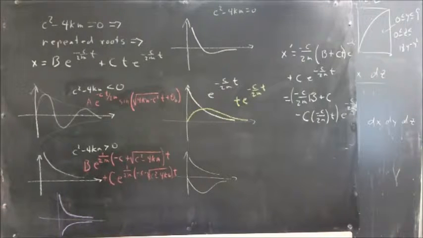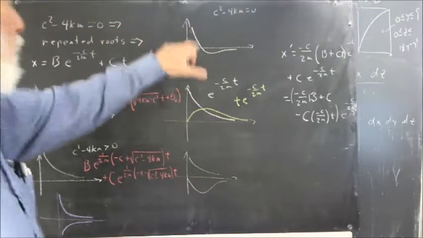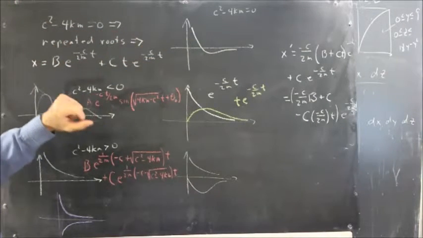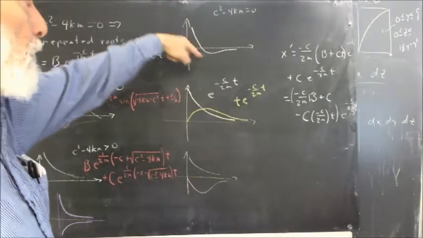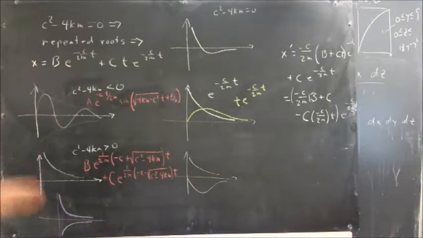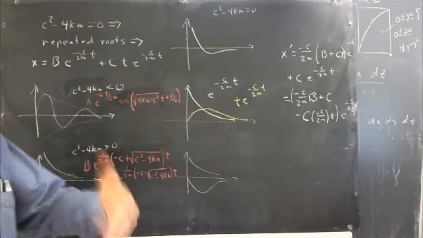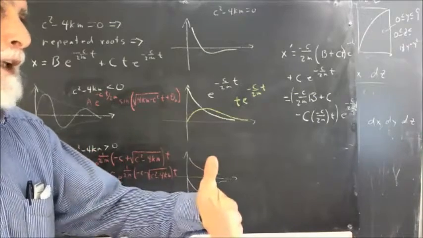But for now, let's contrast that with the function we get for the discriminant equal to 0. Now, I'm saying that if the discriminant is 0, we can get this sort of solution. Okay, here we imagine releasing the pendulum and allowing it to just oscillate back.